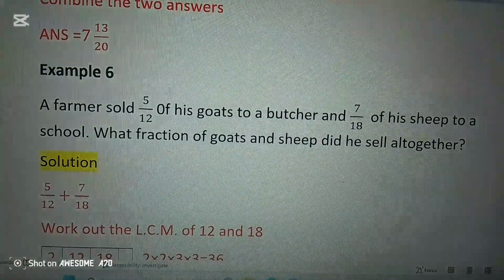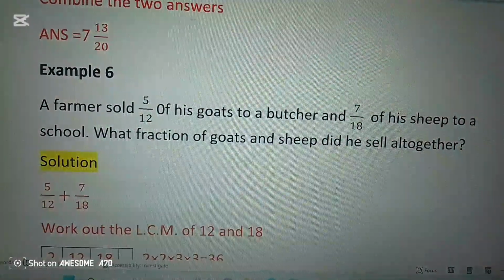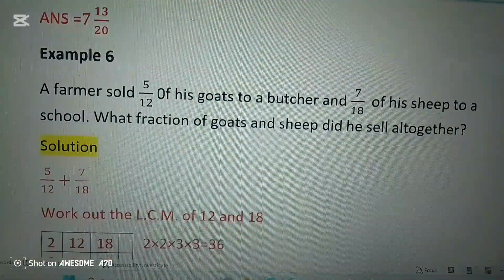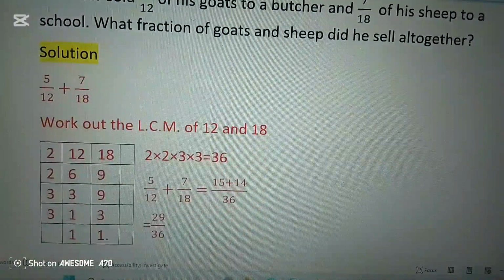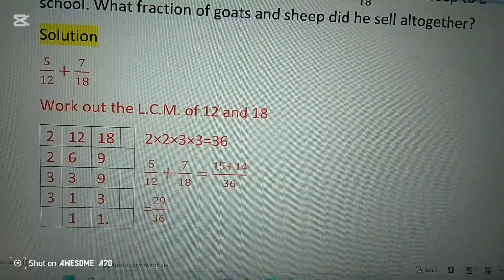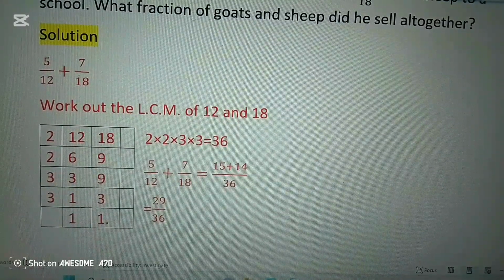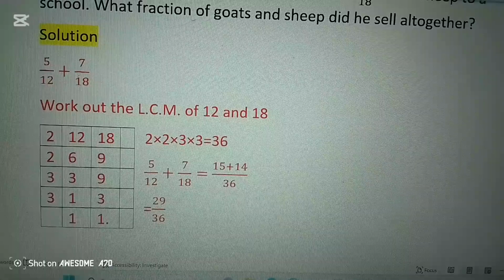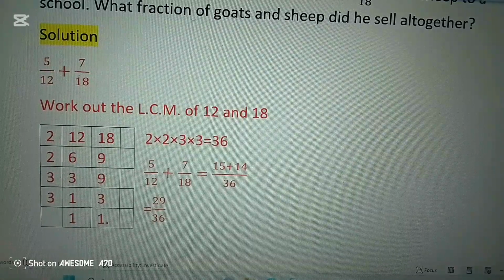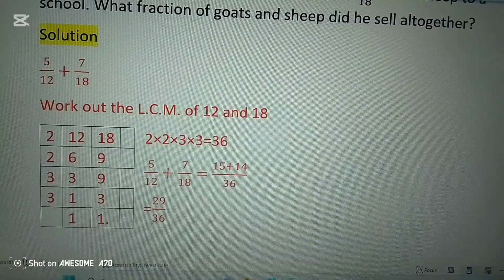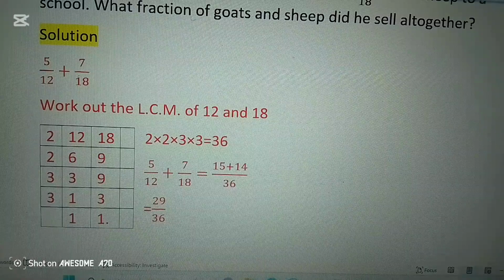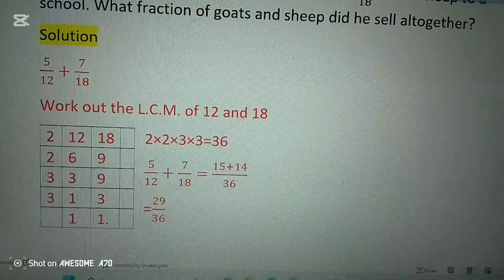This is just common addition of fractions. The first step ever, find the LCM of the denominators. We have our denominators as 12 and 18.